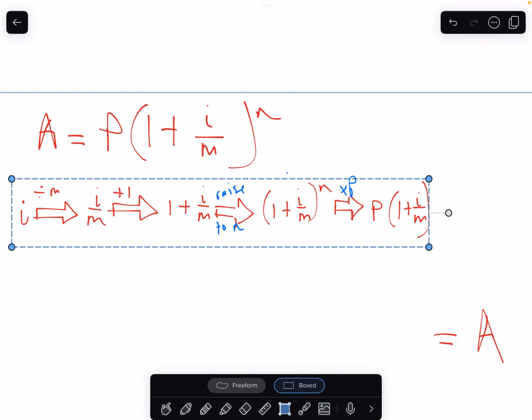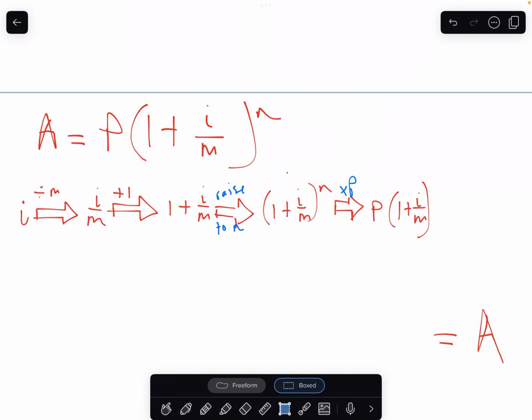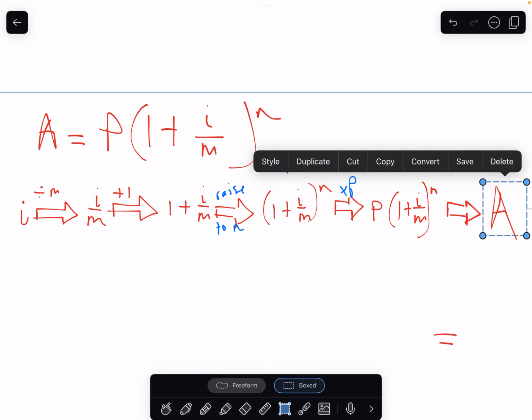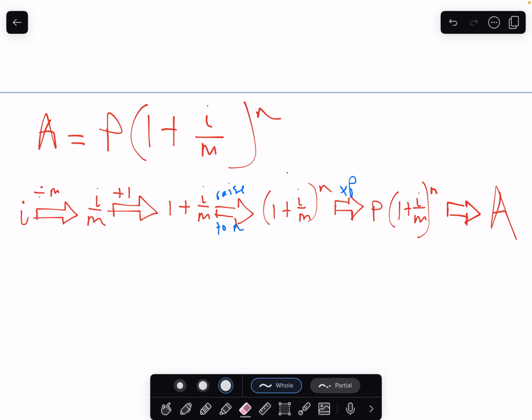To the power of n, and that finally gives us the expression that is equal to A, right? So if we now want to pretty much undo this chain so that we just have I again, if we want to go backwards, oh, that's not a step, that's just they're equal.